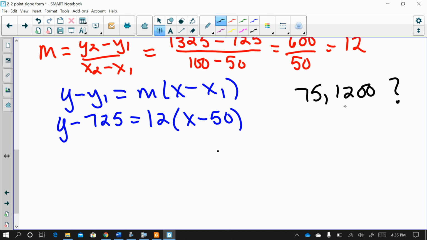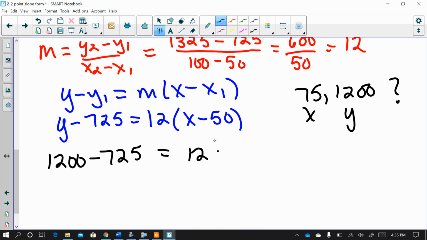So my y is 1200 minus 725, and hopefully that's going to equal 12 times 75 minus 50. Remember, this is the money, this is the guests.